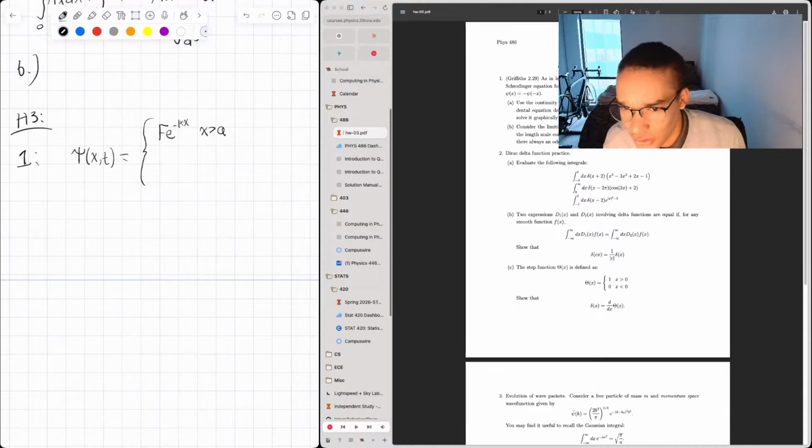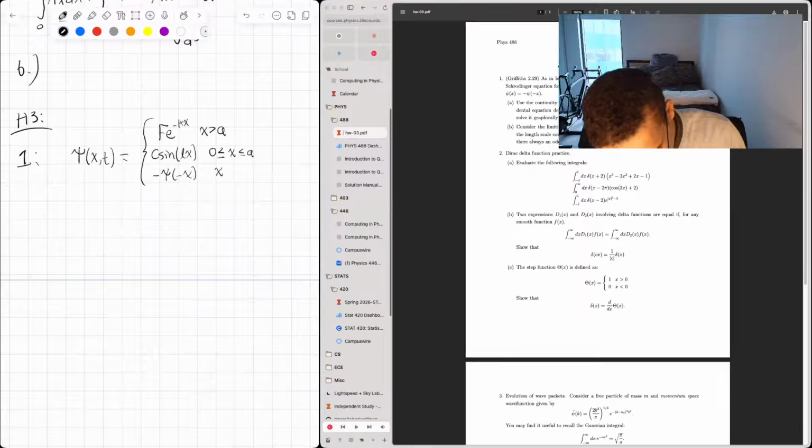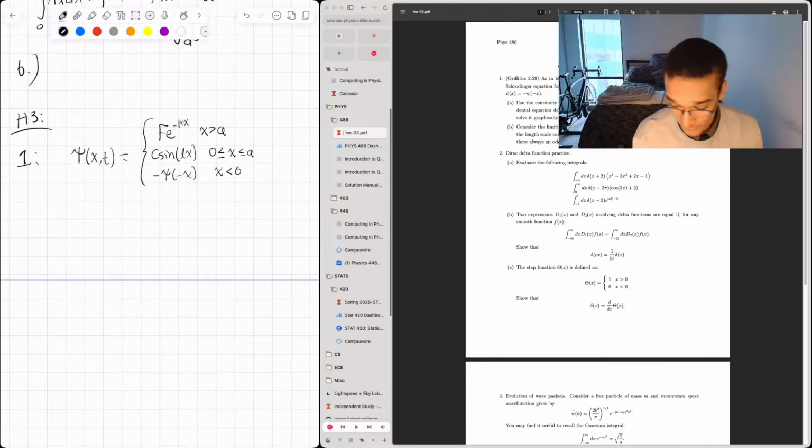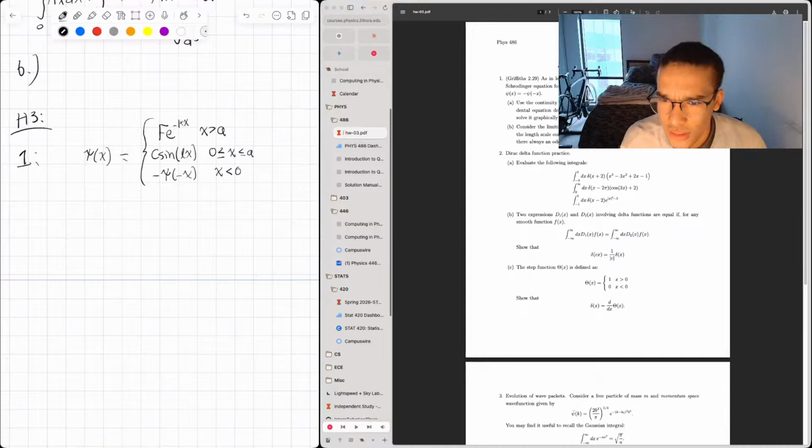And we want odd functions, so we need sine. And this doesn't have a time dependence. So now what does it want me to do? I'll use the continuity of the wave function.